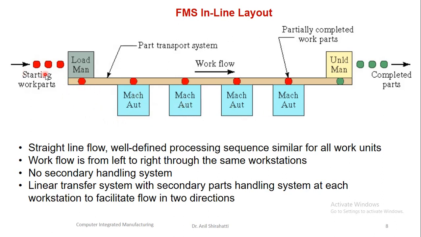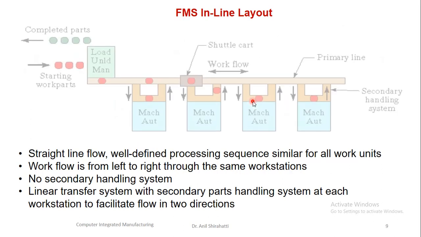From the left side the loading happens, and at the right side you will get the complete part, the final product. So this layout is very good when the operations are defined. For example, first operation is on a milling machine, second is on a drilling machine, third is on CNC, fourth is on a grinding machine. So this process will work very well when the sequence of operations on the specific machines is well defined.